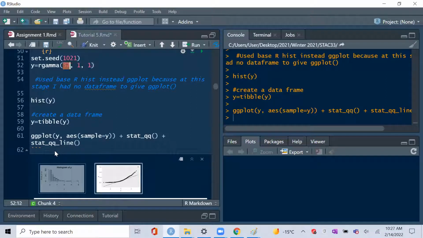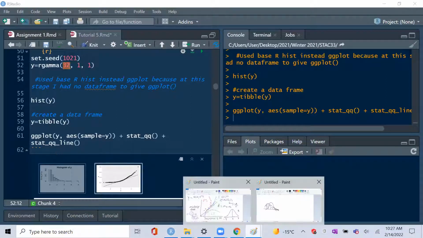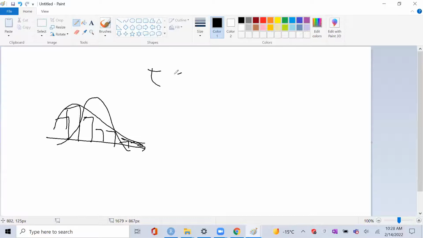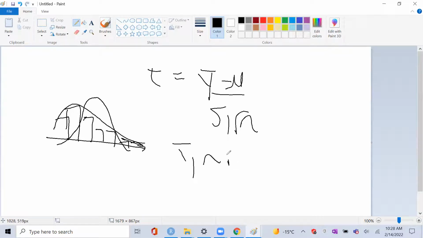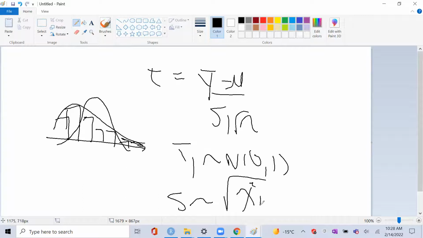When you use the t-test, what is the t-test assuming? T is equal to y bar minus mu over s by root n. You remember that y bar is approximately normal, with a mean of 0 and a variance of 1. S is the square root of a chi-square with degrees of freedom k.